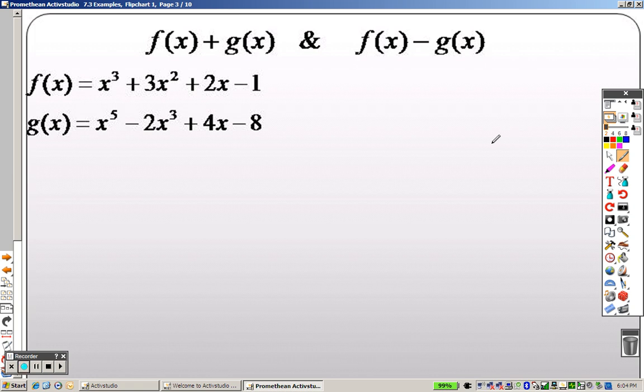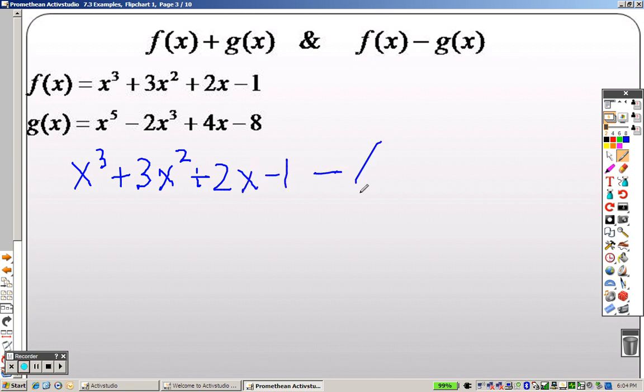But now with subtraction, it's just a little different, but it's just like what you've done in the past. You take f of x, which is this, right here. Okay, so I'm taking my f of x, but I need to minus all of g of x. So everything that was there for g of x, I need to subtract.